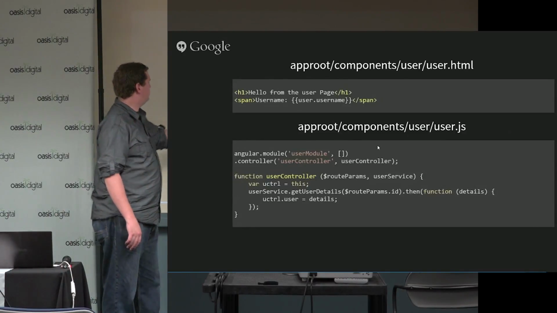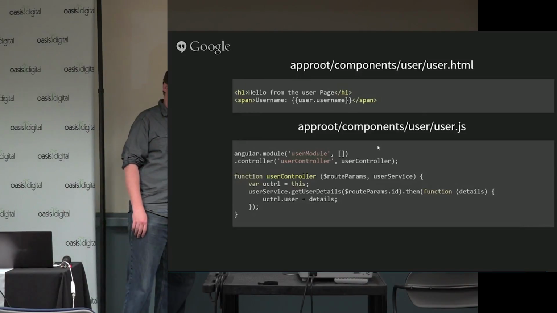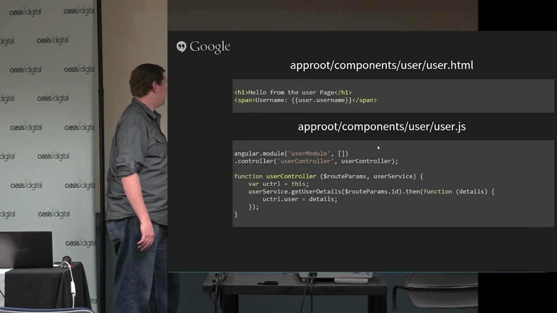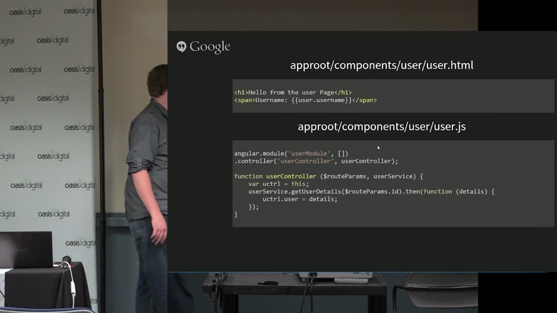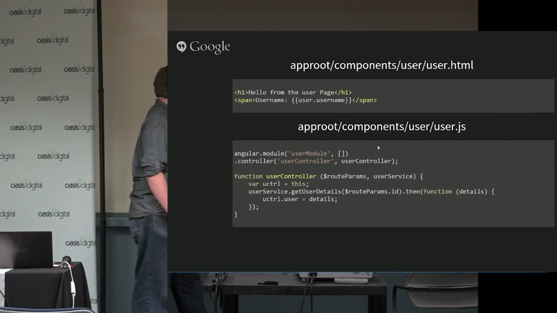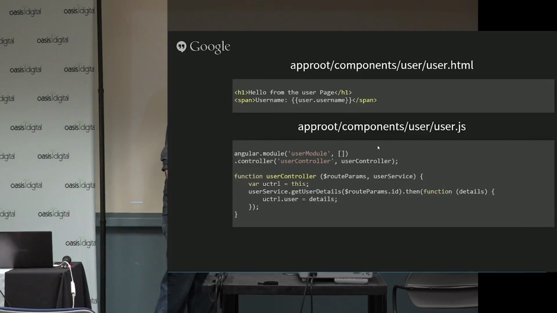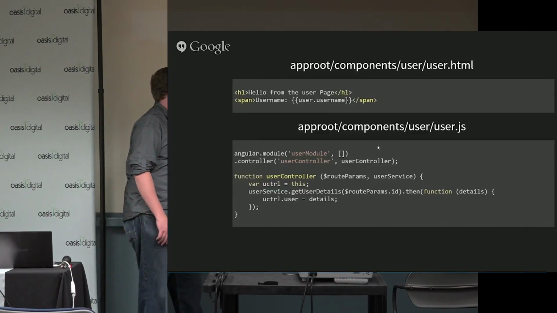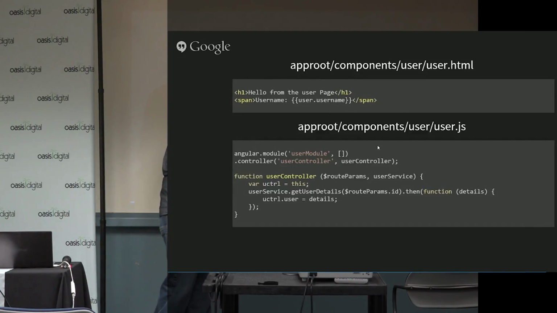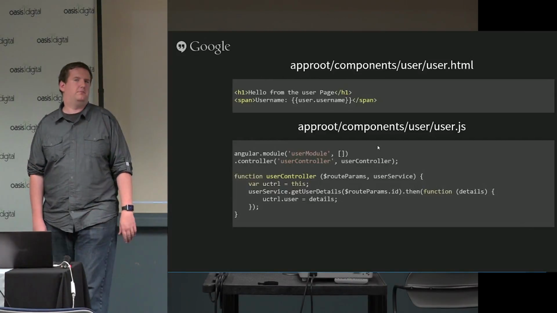And then in our user controller, we are going to inject $routeParams to get our routing parameters, and a user service is going to be responsible for actually consuming the route parameters. So here I'm just saying, hey, user service, give me the user details. I'm passing in the ID from route params at this point. Using the promise there, when it comes back, I'm setting the property on the controller.